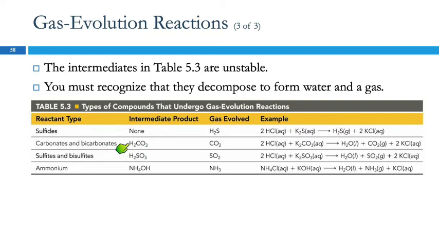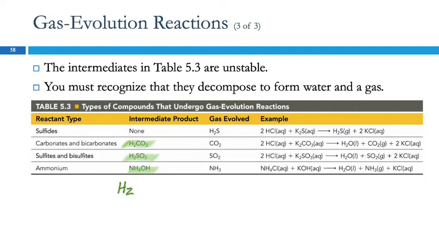So H2CO3, we can also end up with H2SO3 or NH4OH. So when you see one of these, you need to say, oh, that's one of those unstable ones. It's going to make a gas. How do I know what gas it makes? Well, I'm going to show you that it's actually fairly easy to predict.